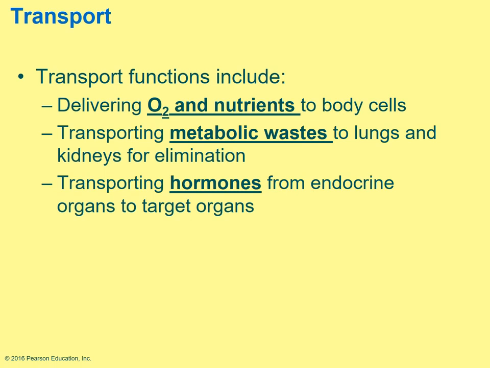It's also transporting waste products, either carbon dioxide to the lungs or other waste products to the kidneys for you to eliminate them. And it helps to transport hormones from the endocrine gland to the target cell or target organ, depending on which one you're talking about.